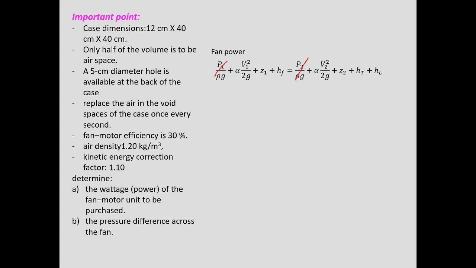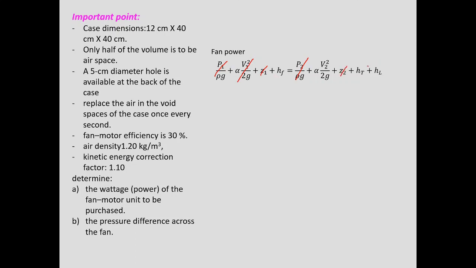P2 can also be considered as 0. For V1, the air input to the system comes from the outer space, and the velocity can be considered to be very, very low because the area is too big. It is horizontal, so there is no effect of Z1 and Z2.